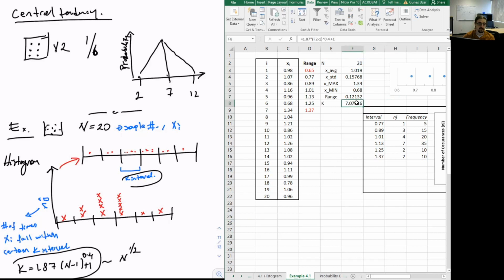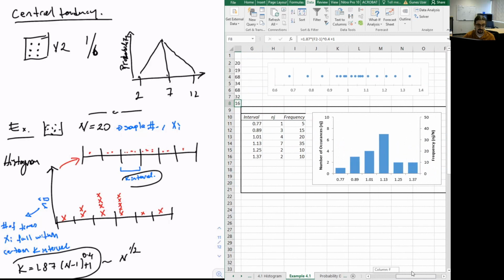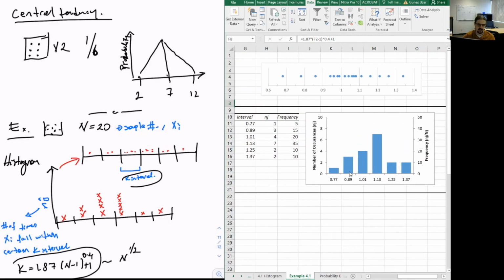I have come up with the estimation of 7, and then I've divided into 7 intervals, or 7 different bins, and I've counted how many times a measurement fell into each bin. So it turns out that this bin had 1 sample, this bin had 3 samples, this bin had 4, this bin had 7, this bin had 2, this bin had 2 as well.